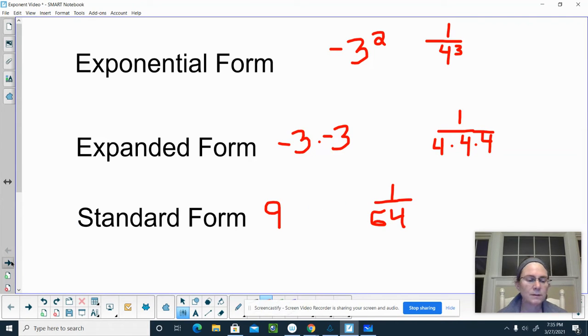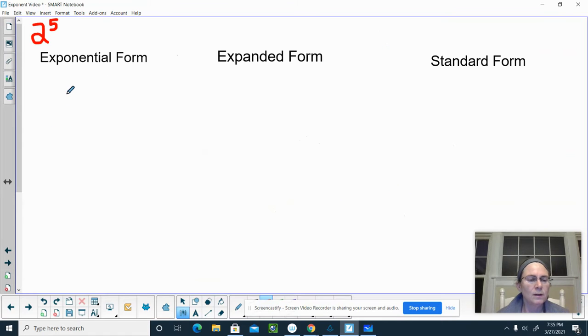So let's look at some examples. All right, so we have 2 to the 5th power. So 2 to the 5th power is exponential form. Because it has an exponent, if you want to expand it out, you take the base number and you multiply it out by itself 5 times.